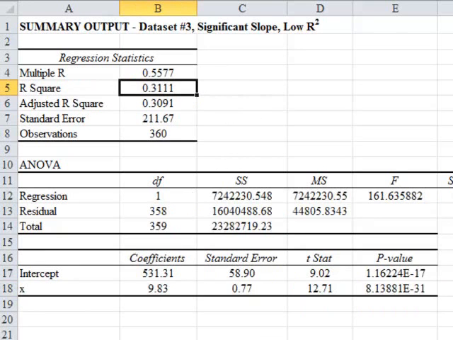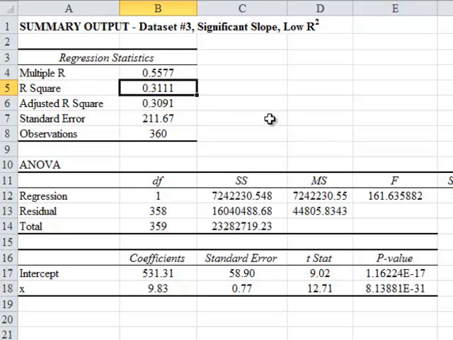Data set number 3 is kind of a mixed bag. We have a very small p-value, so yes, we are sure that there is a relationship between x and y. This relationship, however, has a moderately small r-square of only 0.31.